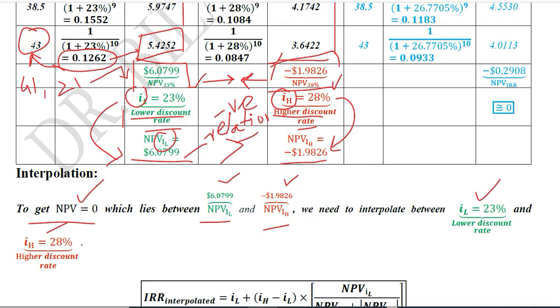I'm using this word interpolate because inter means between two and poles mean two extremes. It means that there is one positive value and one negative value. So these are two poles between which we are trying to get something for ourselves, and that is the discount rate at which NPV becomes 0.